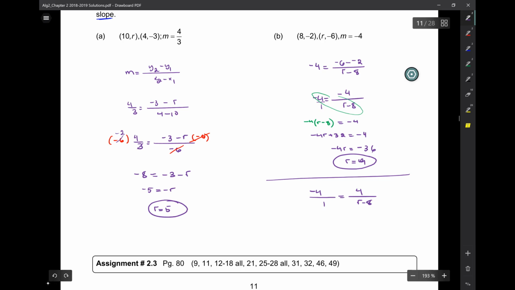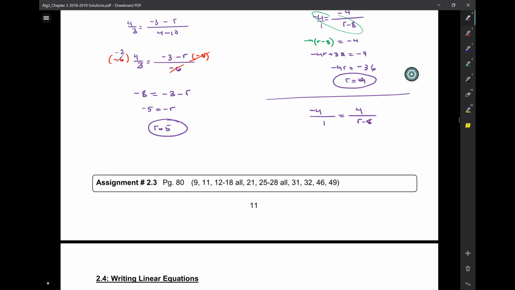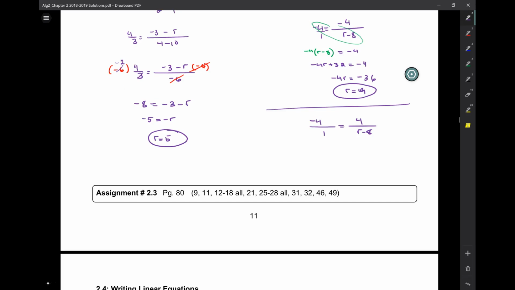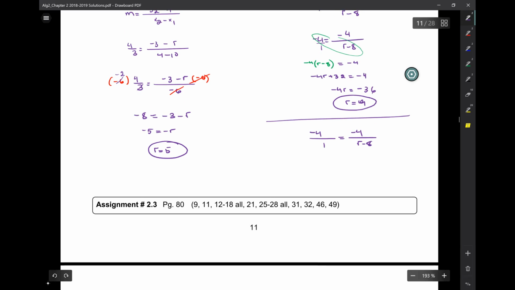At any given time, when you've got a fraction equals another fraction, if the numerators are identical, then all you need to do is set the denominators equal to each other. So you could do 1 equals r minus 8 and r equals 9.